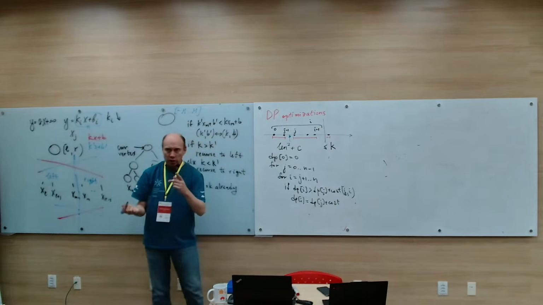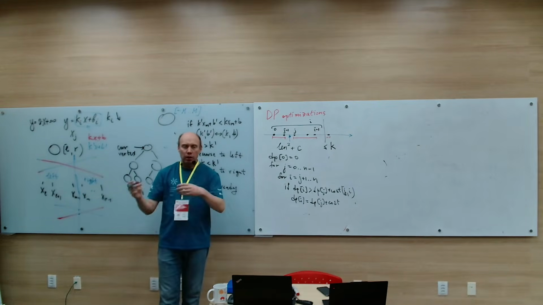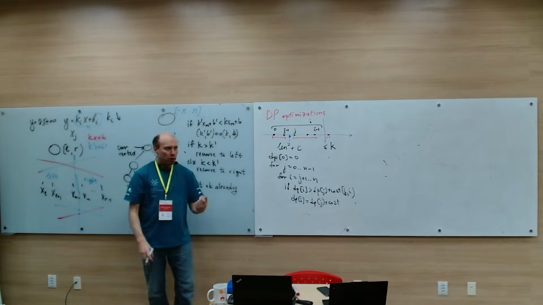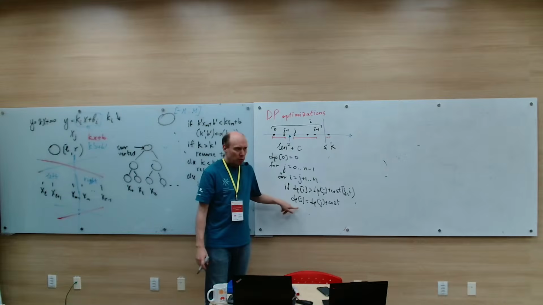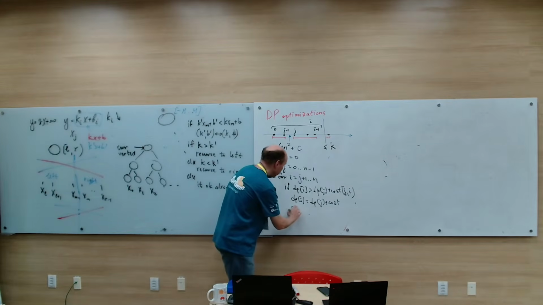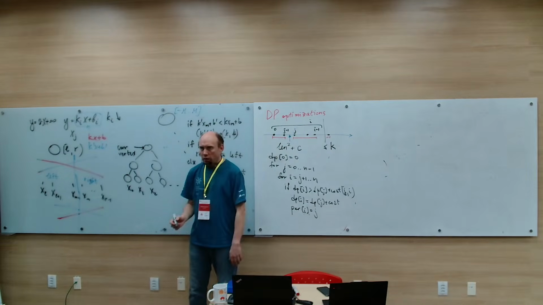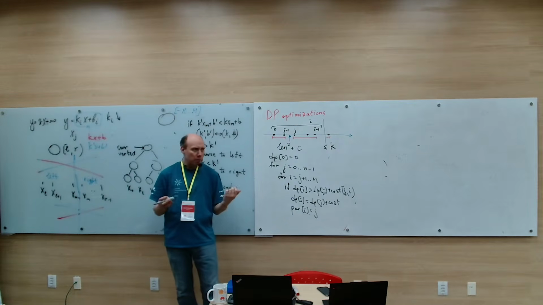And as I mentioned before, we now save the parent value. We say that this optimal value was obtained using the segment that started at J. So we say the parent for I is J. This is a usual technique to restore the answer in dynamic programming problems, okay?